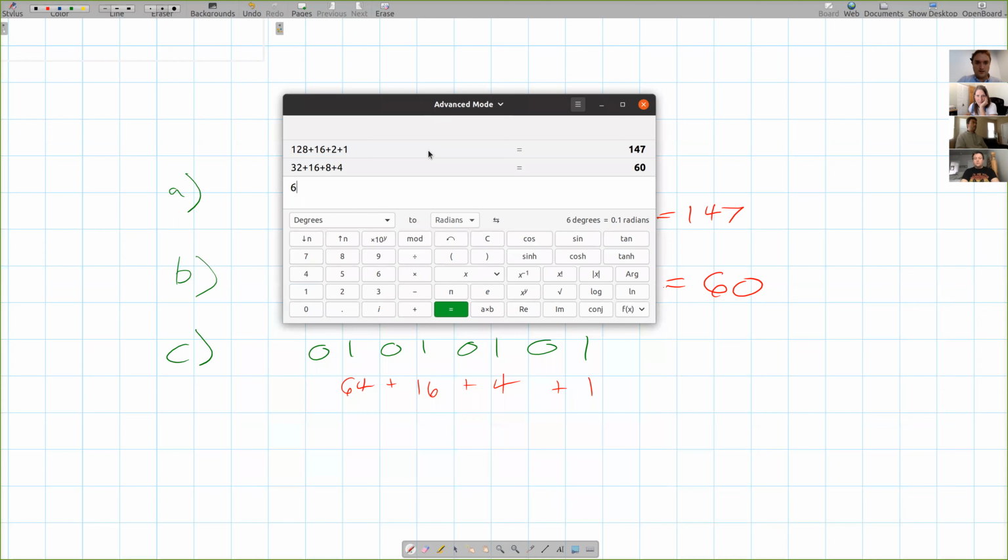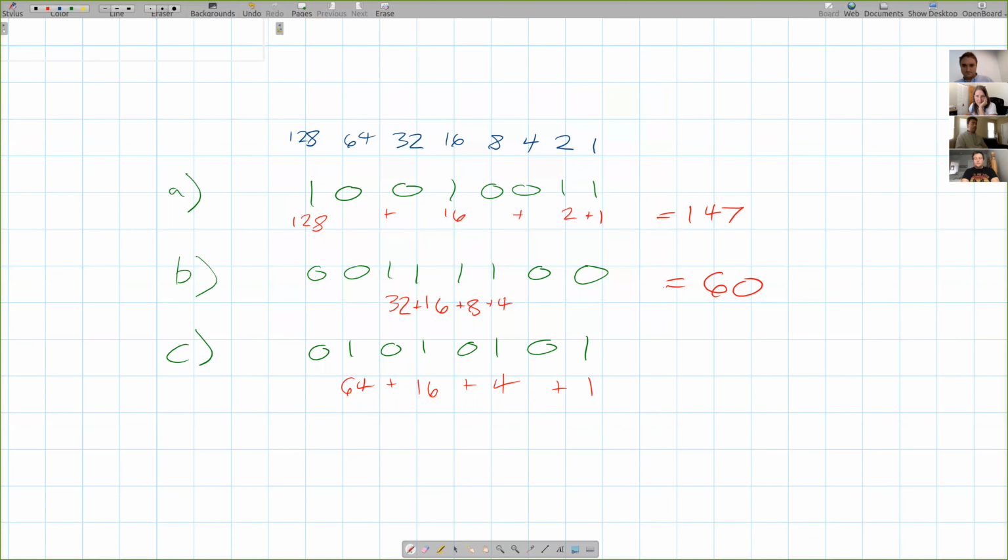This one is 64 plus 16 plus 4 plus 1, 85. Again, if you didn't get that right, almost none of you did. So hopefully this is a little bit clearer now. Ask me some questions, let me help.